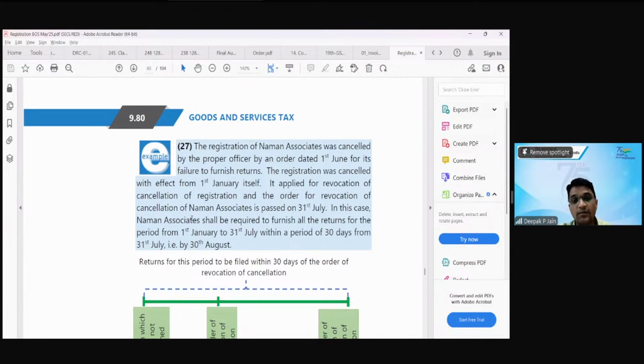In this case, Naman Associates shall be required to furnish all the returns for the period from 1st January till 31st July within a period of 30 days, so 30 days makes it 30th August. Okay, so it has not filed from 1st January, so it will have to file from 1st January. In the previous 26th case, it was from 1st June. So from 1st June to July, he will file the returns.